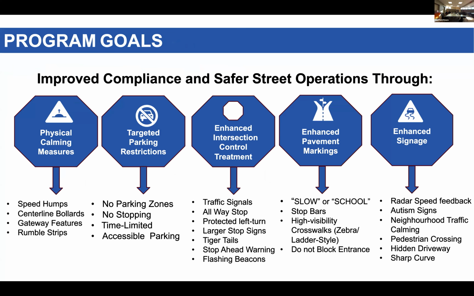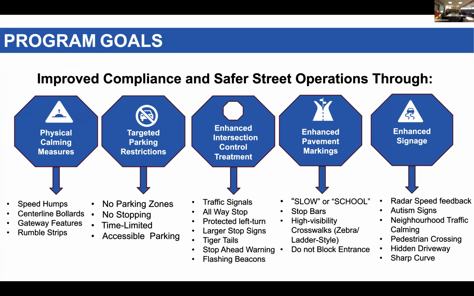In terms of our toolbox, we have a large variety of treatments that can help to create improved compliance and safer operation of the streets. These include physical traffic calming measures, such as speed humps, centerline bollards, gateway features, rumble strips, bump-outs, just to name a few.